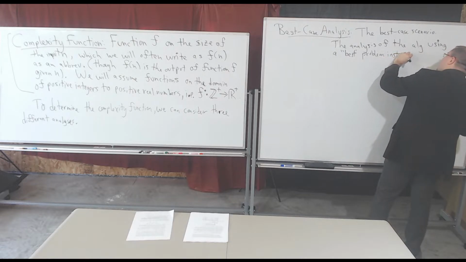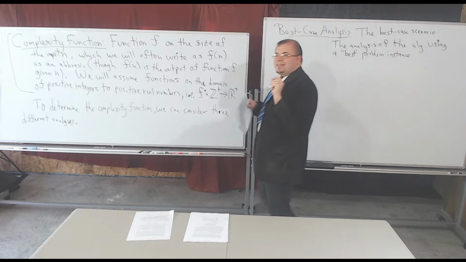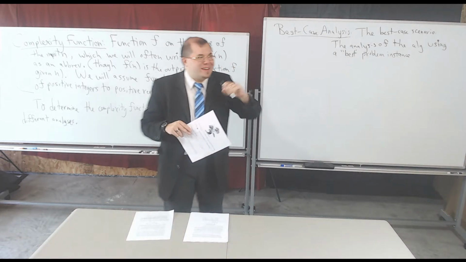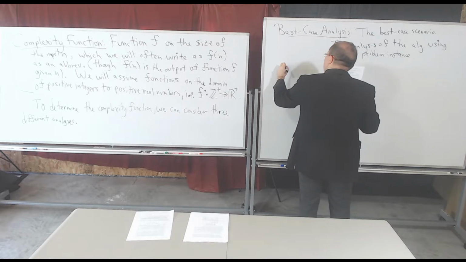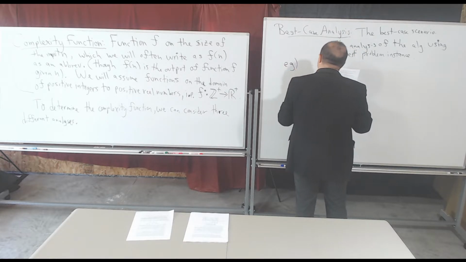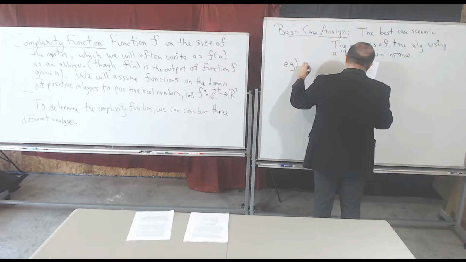In terms of the algorithm, the best problem instances are those for which the algorithm terminates earliest, so it takes the minimum number of steps. Just as an example, I'm going to consider each one of these cases using linear search.